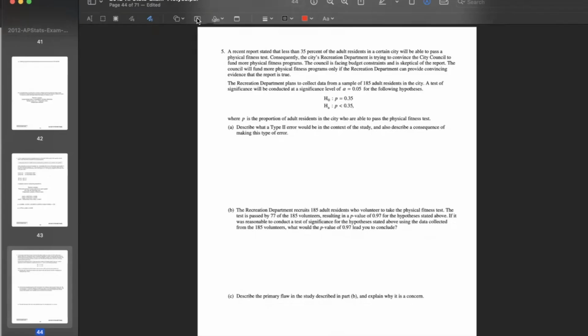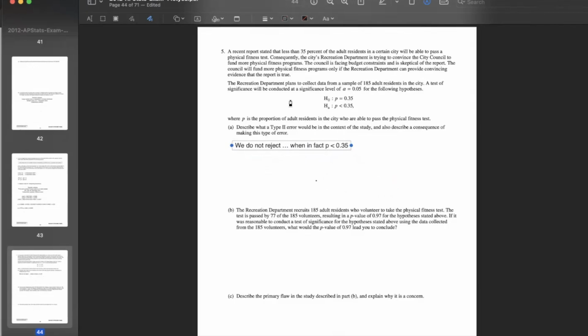So in this case, we do not reject the null hypothesis, when in fact the proportion is less than 0.35. I'll just write down p is less than 0.35 for short, but on the AP exam, make sure you write a few sentences to explain what this means.